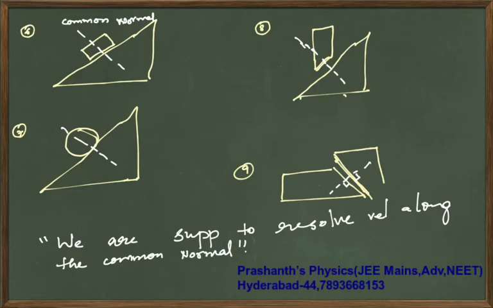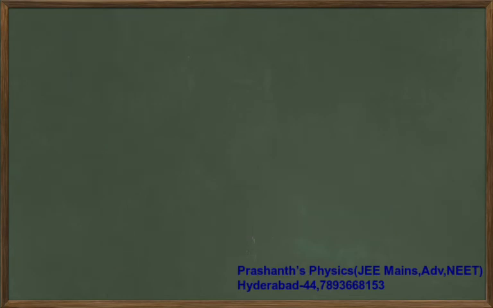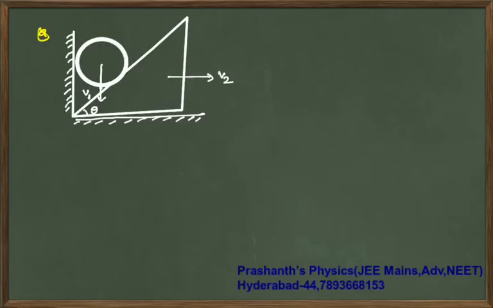Now let's continue further. Hope there are no doubts and you have understood everything. Now let us start with simple questions. Your first question is like this: you have a sphere, you have a wedge.